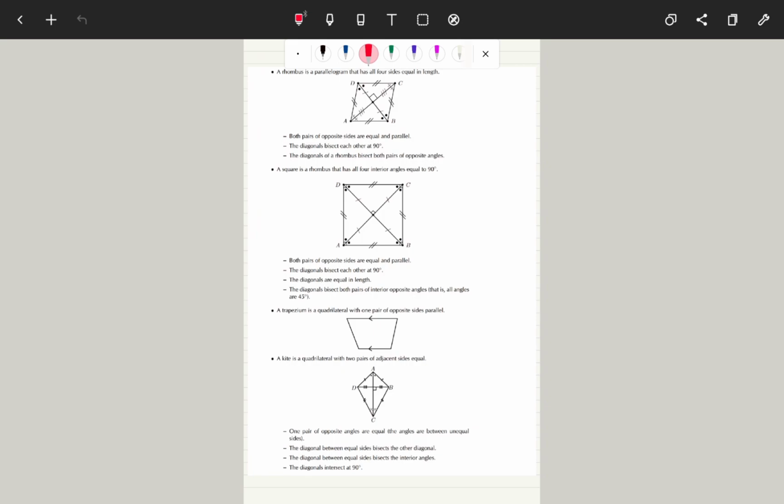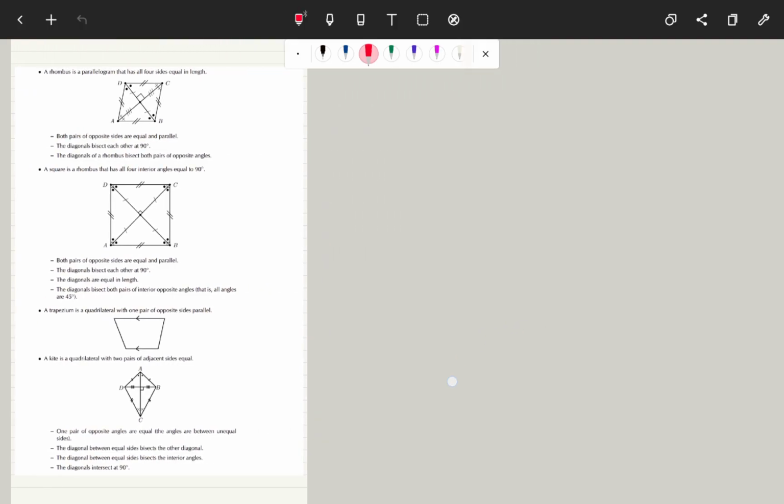You know everything about each quadrilateral. So it's just going to be easy for you to be able to prove.